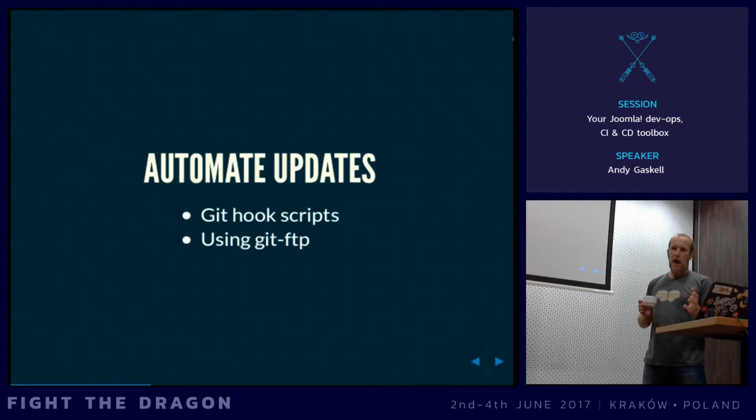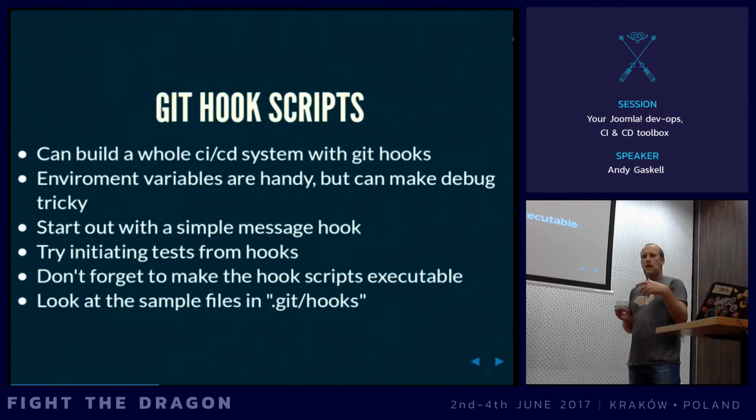Basically, Git hook scripts can sit either on the Git repository or on your local machine, and they let you script things on Git activity. There are hooks for a lot of different actions. It's quite nice to use.